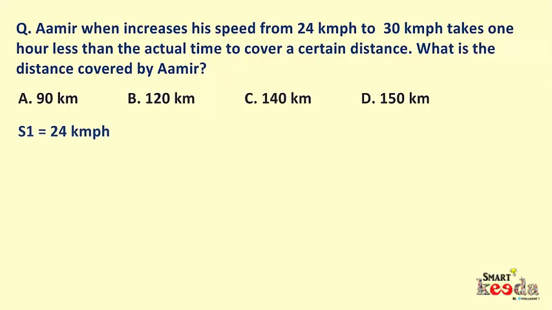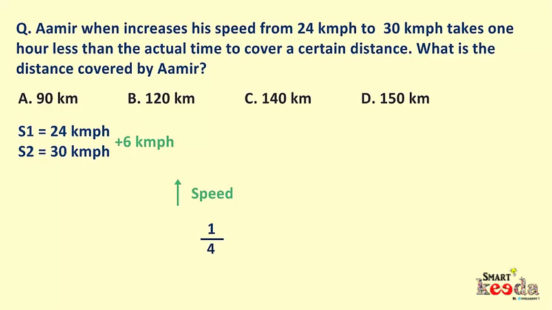Here S1, which is the initial speed, is equal to 24 km per hour, and S2, which is the speed in the second scenario, is equal to 30 km per hour. Here you can see that the actual speed is increasing by 6 km per hour, and in fraction we can write the increase in speed as 6 by 24 or 1 by 4.